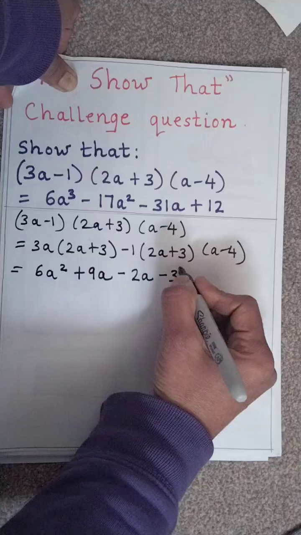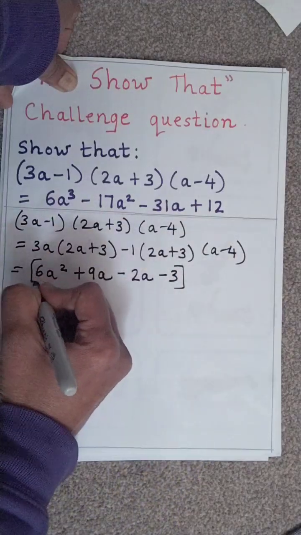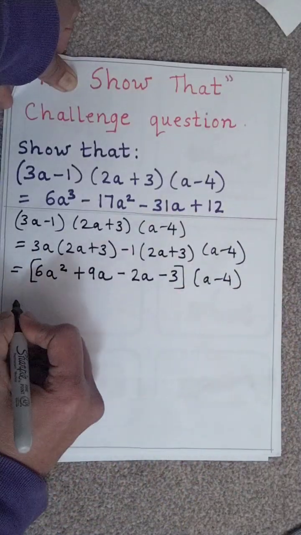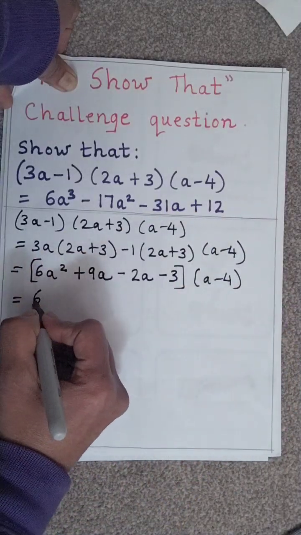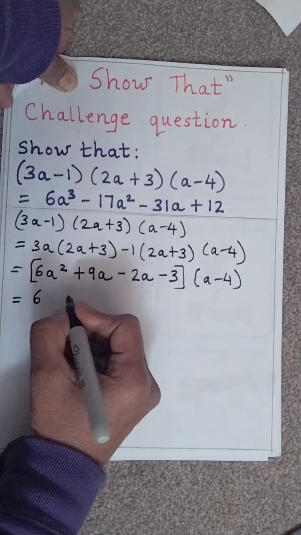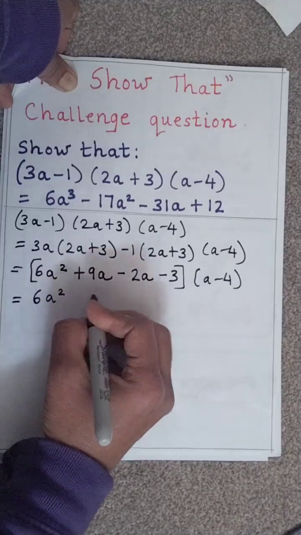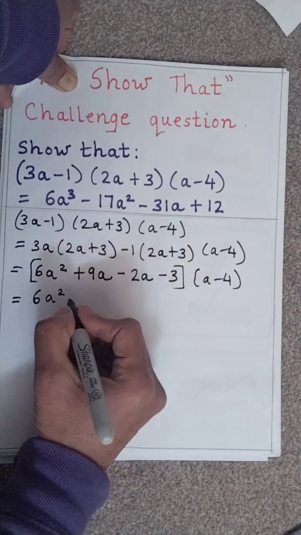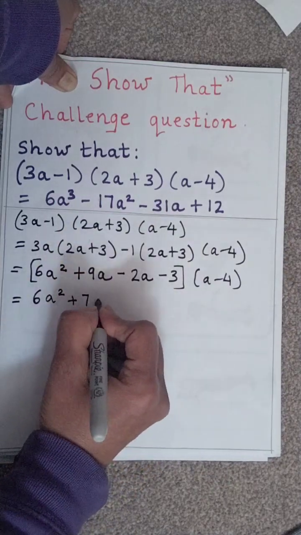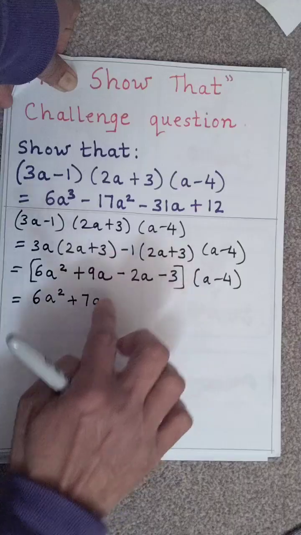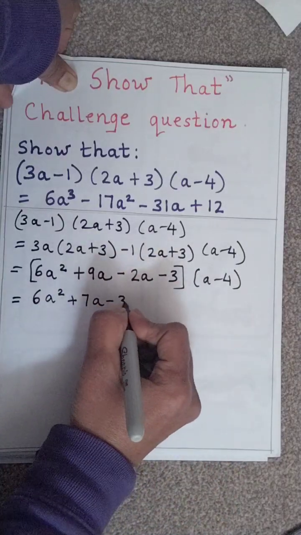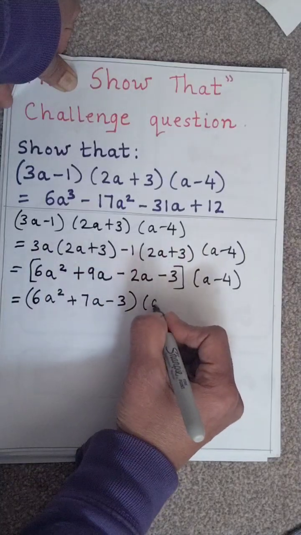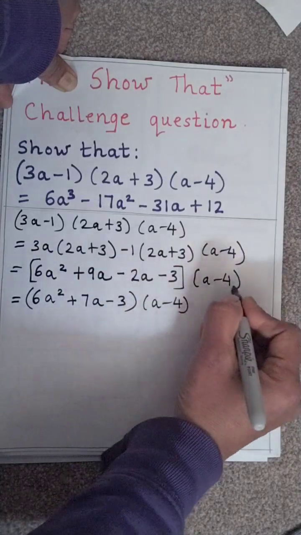This is one bracket and this is second bracket. This is 6a square plus 9a minus 2a is plus 7a, and minus 3. This is one bracket and then another bracket, okay.